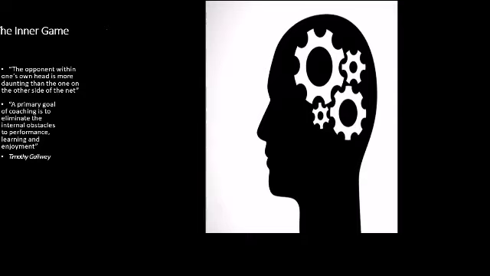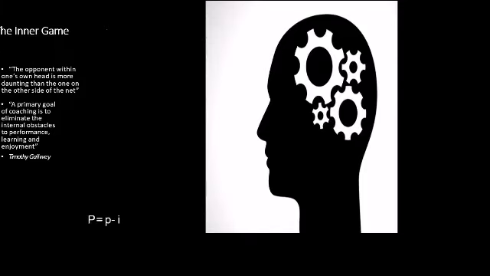This was an extract from his book on the inner game of tennis. And then he says, a primary goal of coaching is to eliminate the internal obstacles to performance, learning, and enjoyment. Okay, so it's going to make a bit more sense to you as well what I'm mentioning, right?